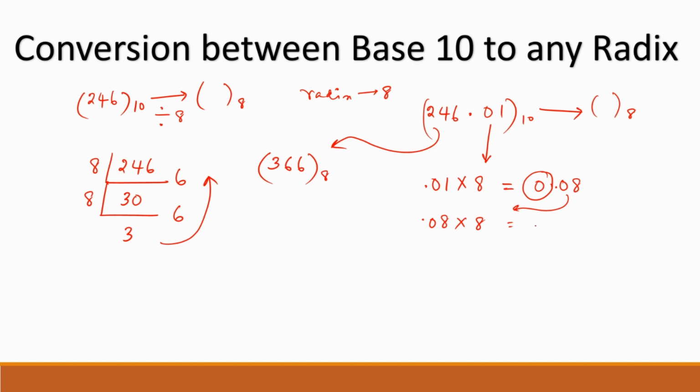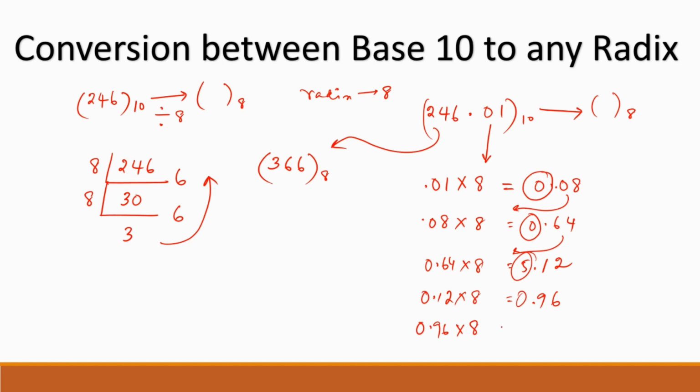I get 0.64. I carry this forward, 0.64 into 8, 5.12. Then I carry 0.12 forward. I'll retain 5, 0.12 is carried forward and I get 0.96. 0.96 is again multiplied with 8 and so on. I have to continue this till I get repeated numbers.